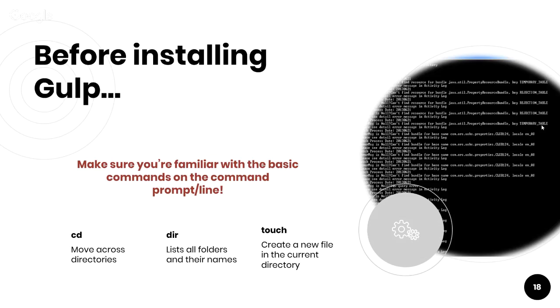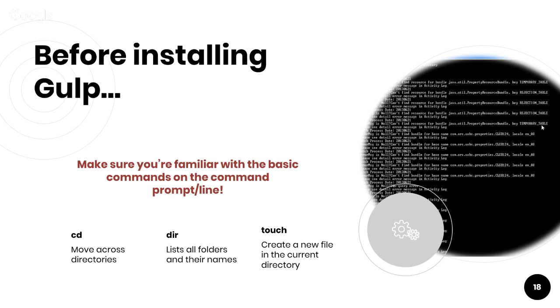The dir command, when you're in a directory, just lists all the folders and their names. That's all it does. So if you want to find out what kind of files are in the specific directory you're at the moment, you just type out dir, hit enter, and those are shown. The third one I have listed here is the touch command.